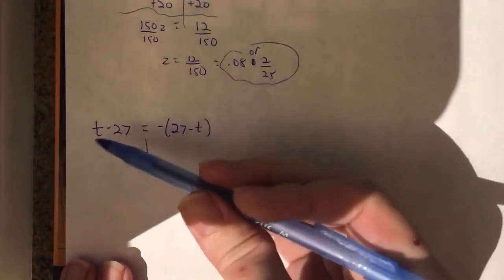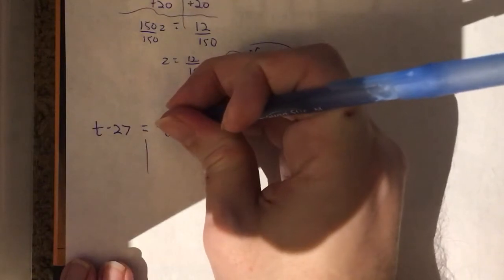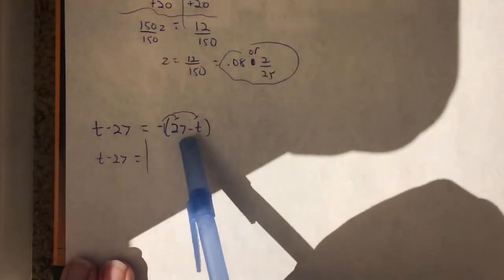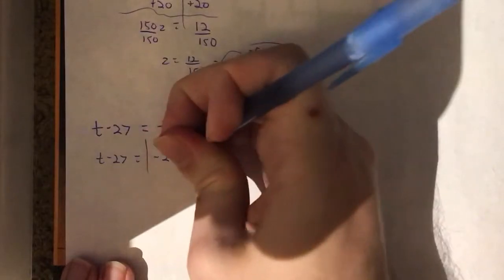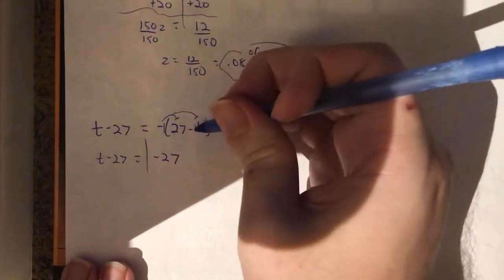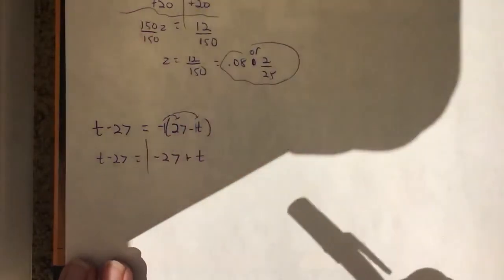I'm going to clear the parentheses. So left side I'm fine, nothing there. This minus really is like an invisible minus 1, so I'm doing minus 1 to each piece. So negative 1 times 27 is negative 27, and negative 1 times negative 1t is a positive 1t.